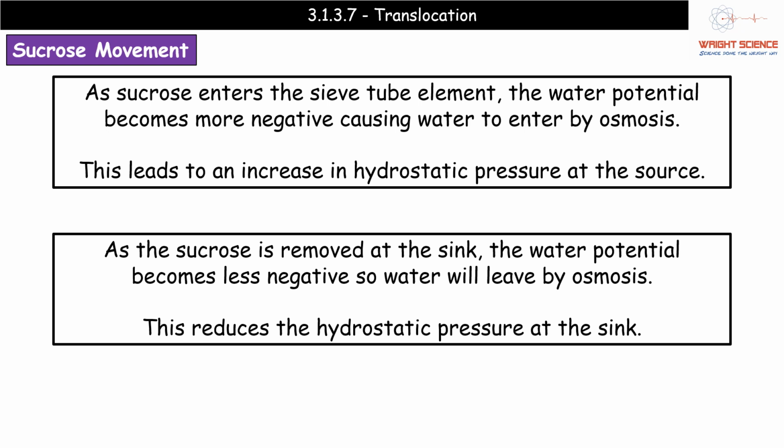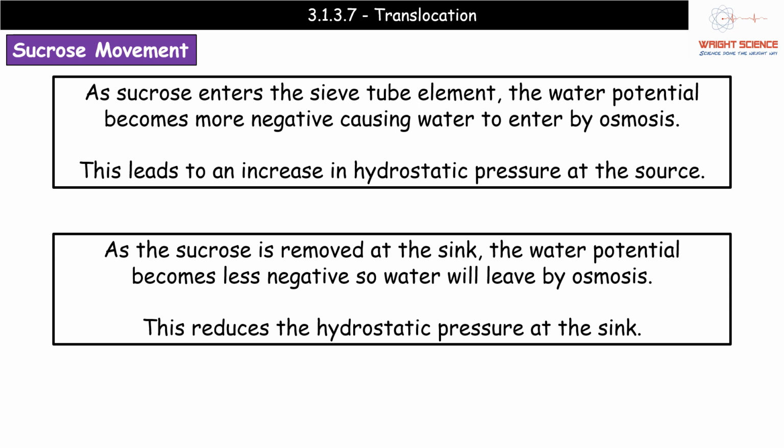Where the sucrose is going from the companion cell into the sieve tube element, that is going to make the water potential more negative. Because we've got a more negative water potential, water will enter by osmosis, because it always goes from a less negative to a more negative water potential. Because water has now moved into that region, we've increased the hydrostatic pressure.